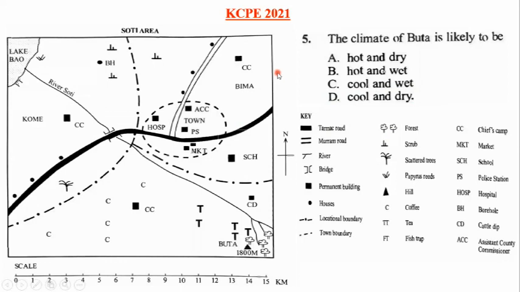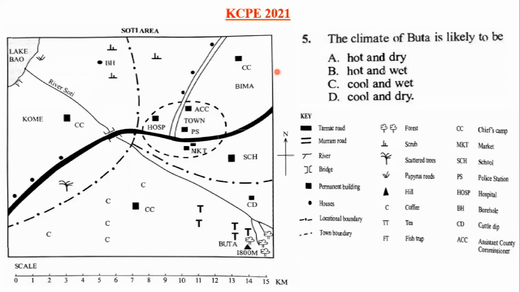You see, these questions just come and repeat, like now, climate. It has two areas. They'll ask about the climate of the whole area covered in the map or part of the area covered by the map. So whichever way it is, remember that you need to know the evidence.